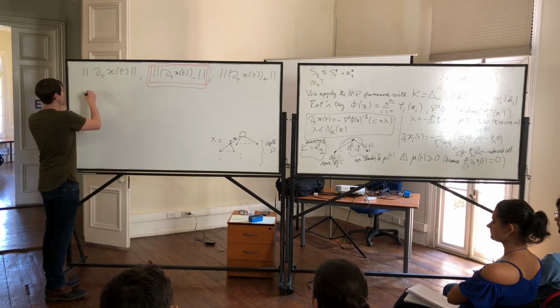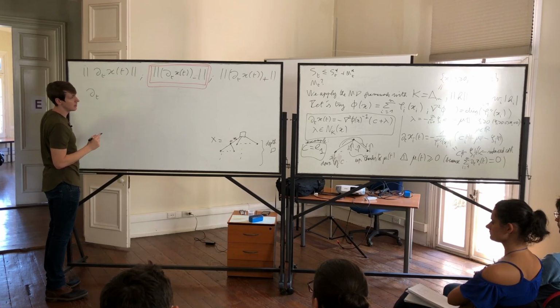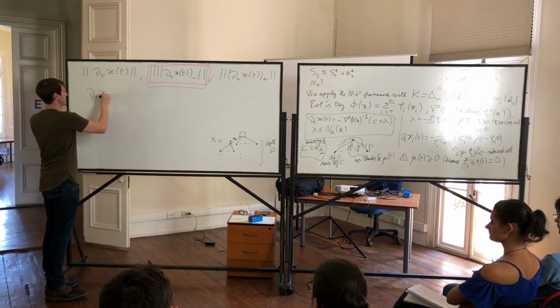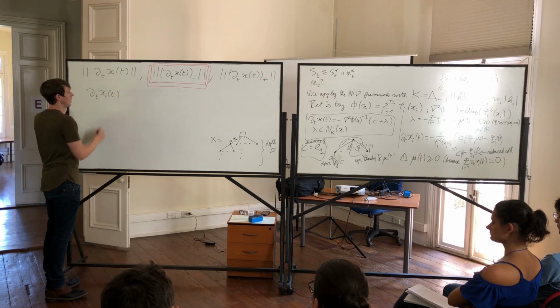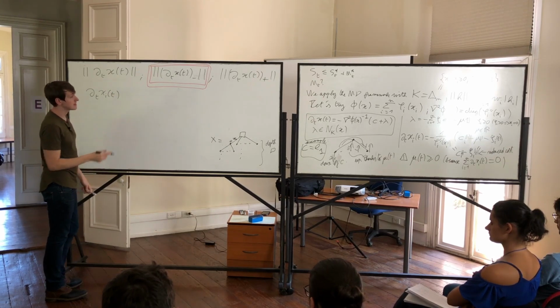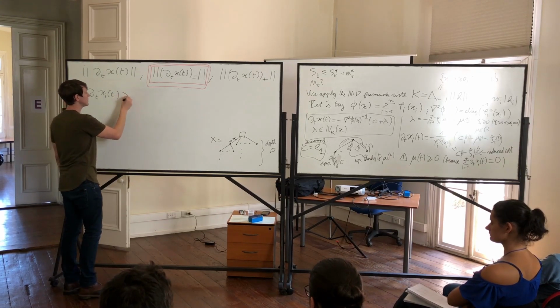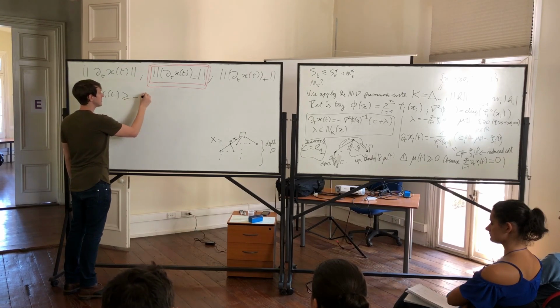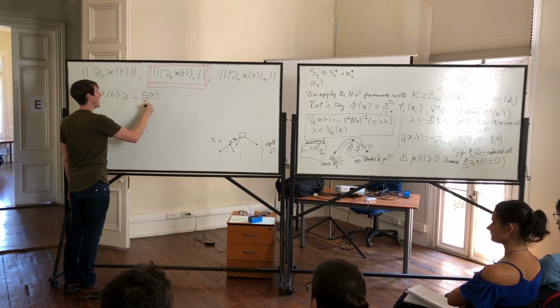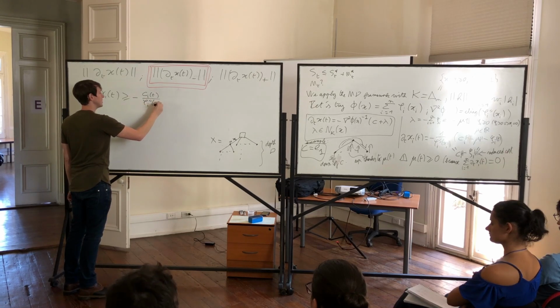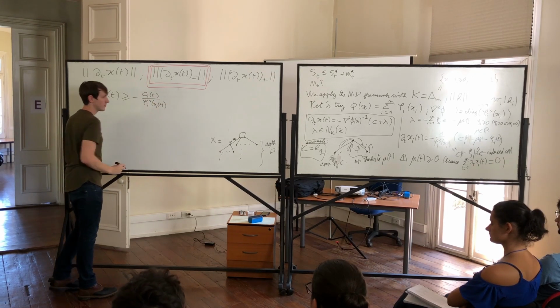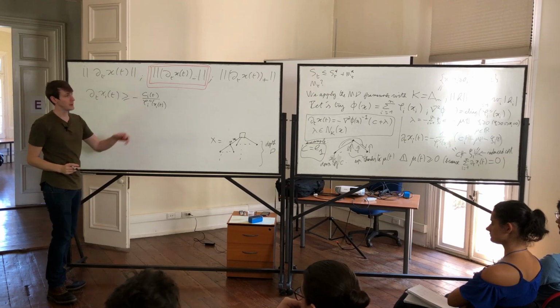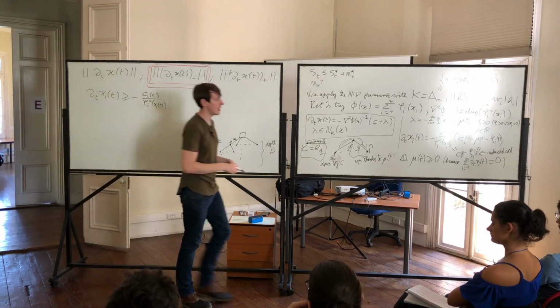So what is this? The derivative of xit, the negative part. Let's lower bound this. We know that this is bigger than minus Ci of t over phi I double prime of xi of t. This is always true because all the other terms are non-negative.